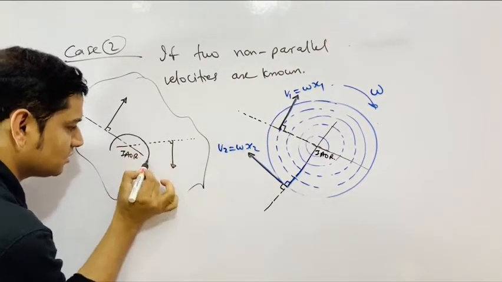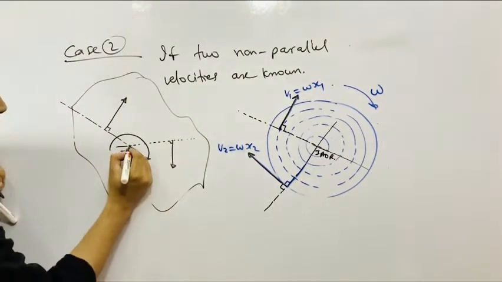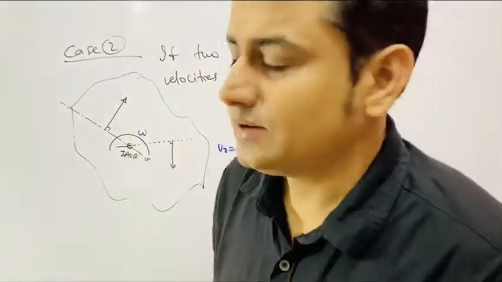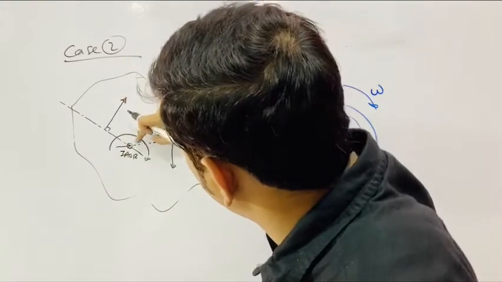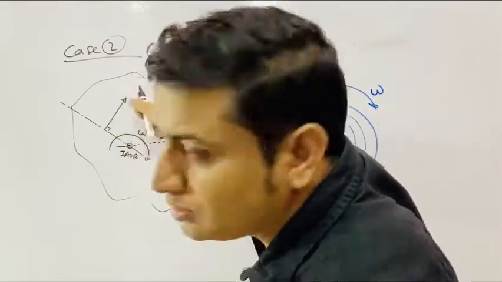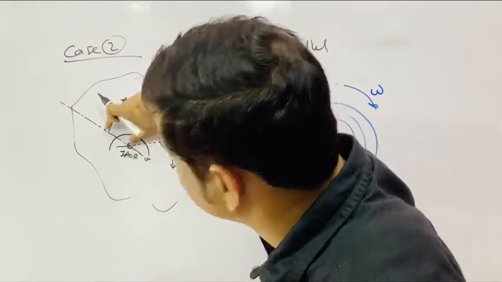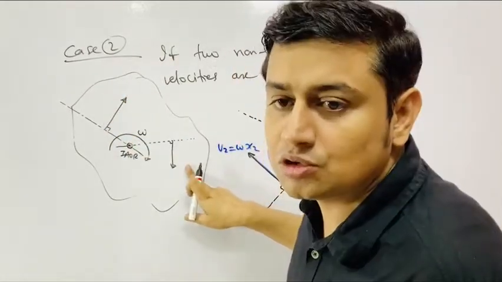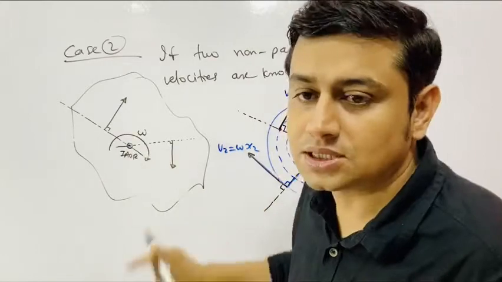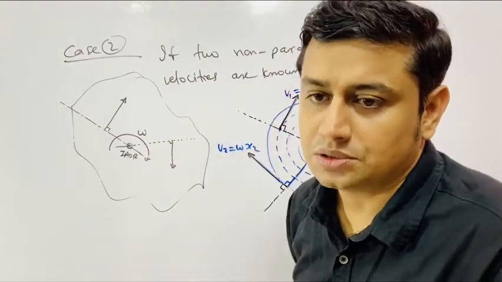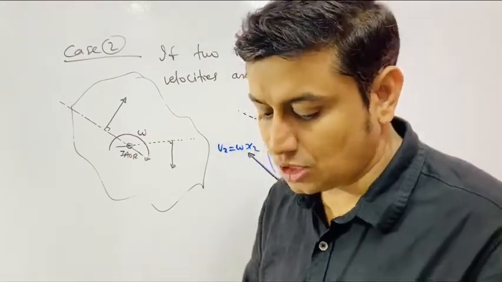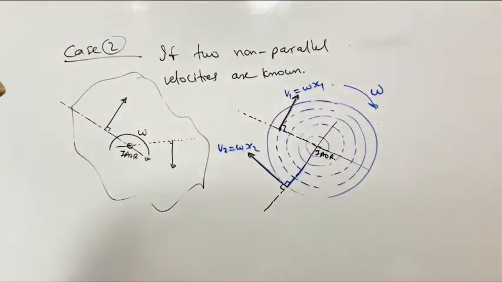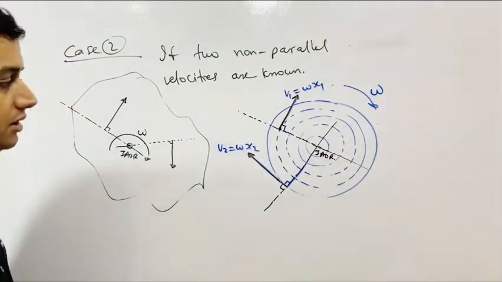About this axis, it is purely rotational motion. In fact, this velocity v1 would be equal to omega times the distance from this axis, x1. And this velocity v2 would be equal to omega times the distance from this axis, x2, omega into x2. So understand, drop the perpendicular and get the instantaneous axis. For example, any doubt here?